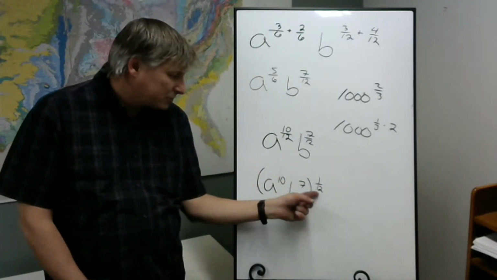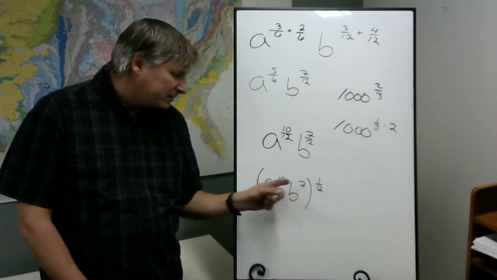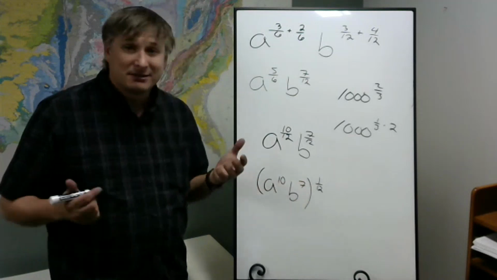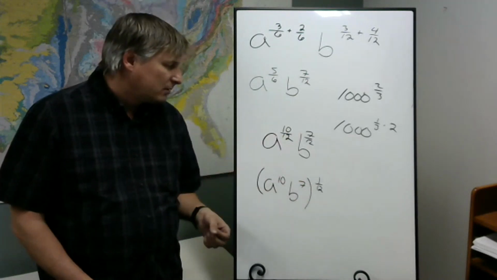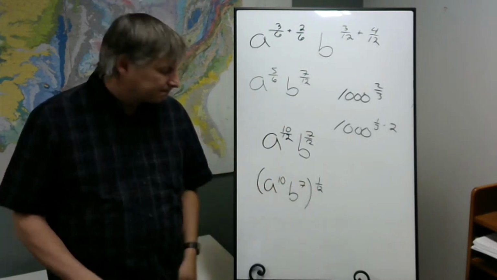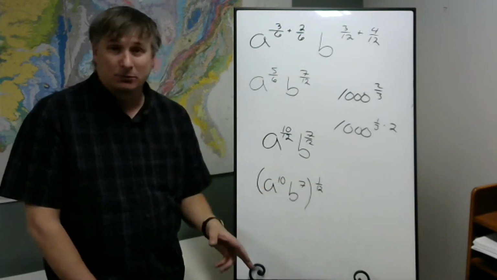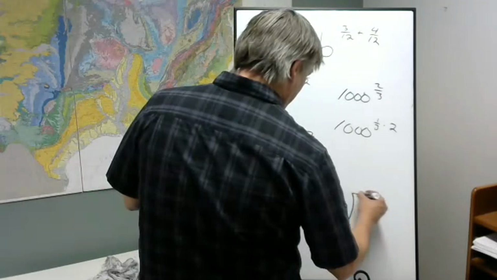We would usually take the 1/12, distribute to here, and distribute to here. Distributing to here, we get 10 over 12. Distributing to here, we get 7 over 12. Well, now we're just going to go backwards and extract that 1 over 12 as an exponent. Now it can be a root.